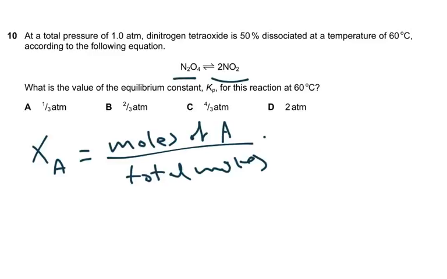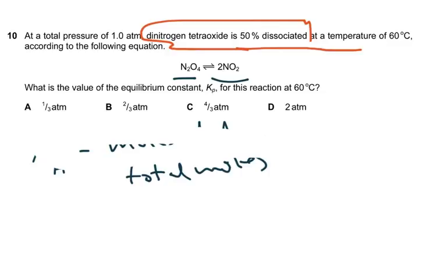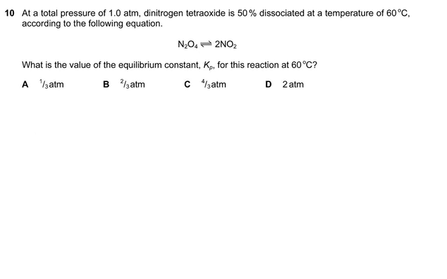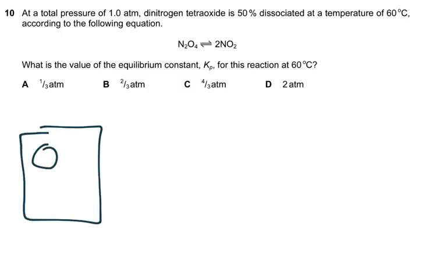But we do know that 50% of nitrogen tetroxide is dissociated at equilibrium. What does that mean? Well, it means basically if we bring 1 mole of N2O4, half of it would split.